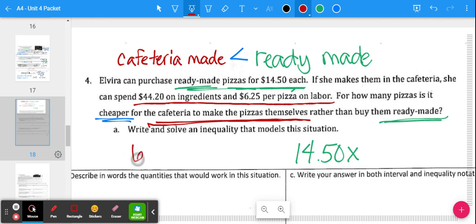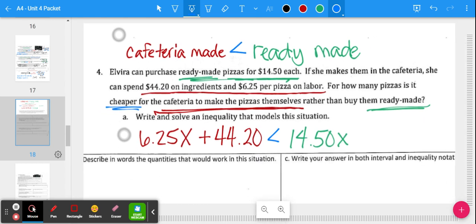So our rate of change is the $6.25 per pizza plus the $44.20 on ingredients. And we want to know when is cafeteria made less than the ready-made.